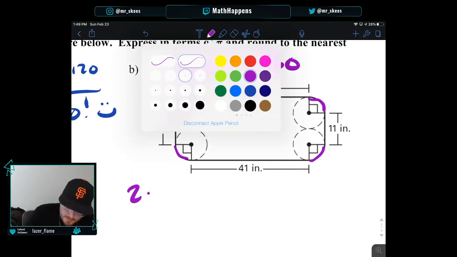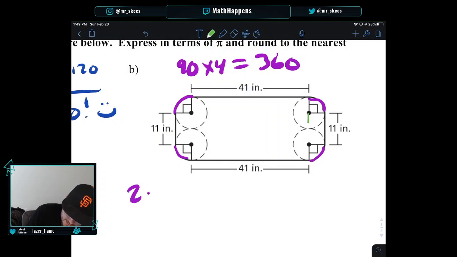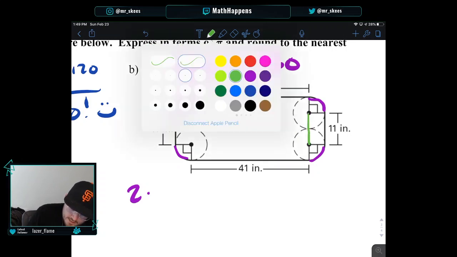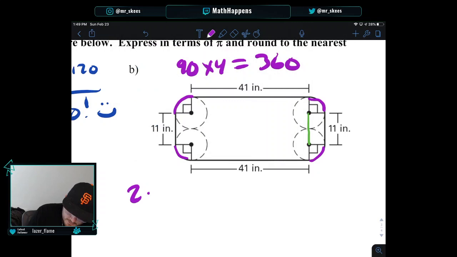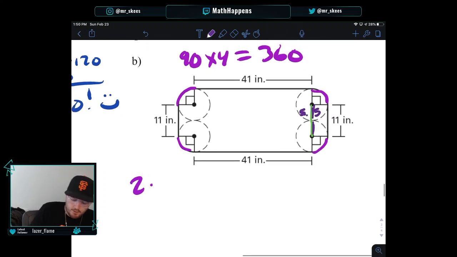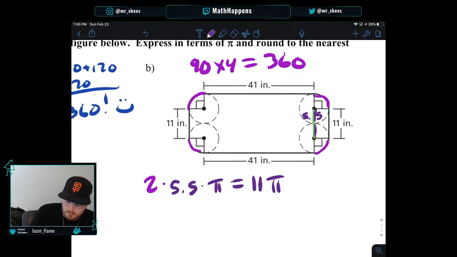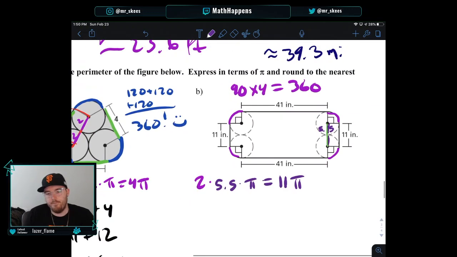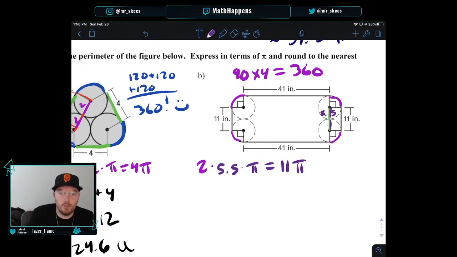Again, just like I drew in that last one, if this whole distance is 11, well, then we need to split it in half here and here. So 11 divided by 2 is 5.5. So 2 times 5.5 times pi gives me 11 pi. So that's one circle, right?